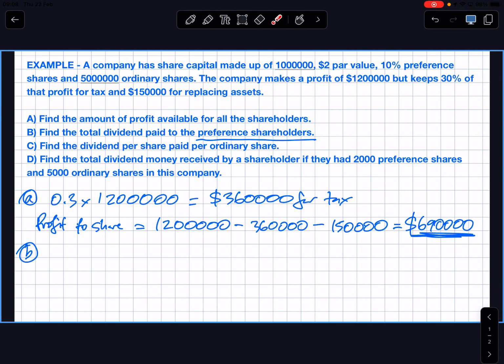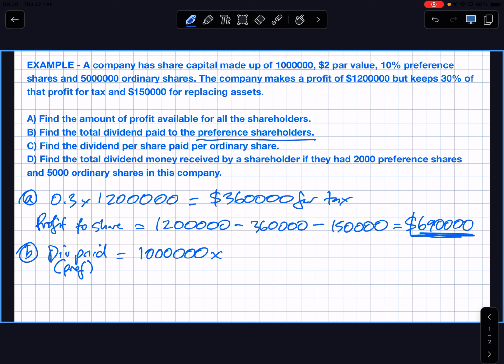So, div paid for preference. How many preference shares are in this company? Which number is telling me that? Is it the 500,000 ordinary? Is it the 1 million $2 par value? 1 million, yeah. 1 million times by the par value.